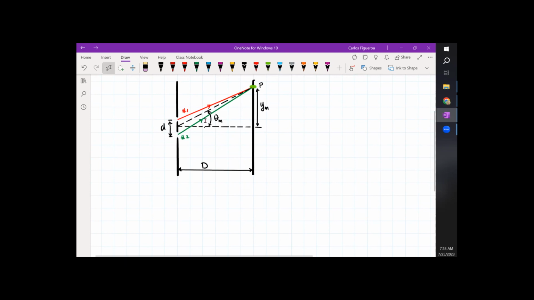So when I look at this, in fact, I think I'm going to copy this here because I'm going to need both of these. What I want to do here is set this up.